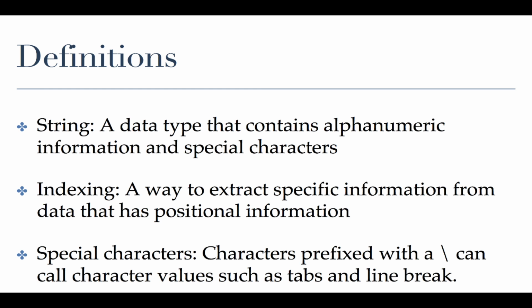When I talk about indexing, I'm going to be talking about how to select information within the string data type. We're going to learn how to do indexing for other data types, things called lists and dictionaries, later. However, you're going to be first introduced to indexing with a string, which is probably the simplest way to think about indexing before moving on to those types.